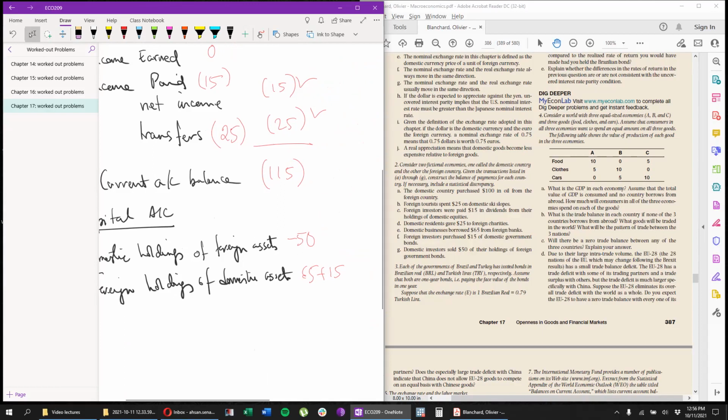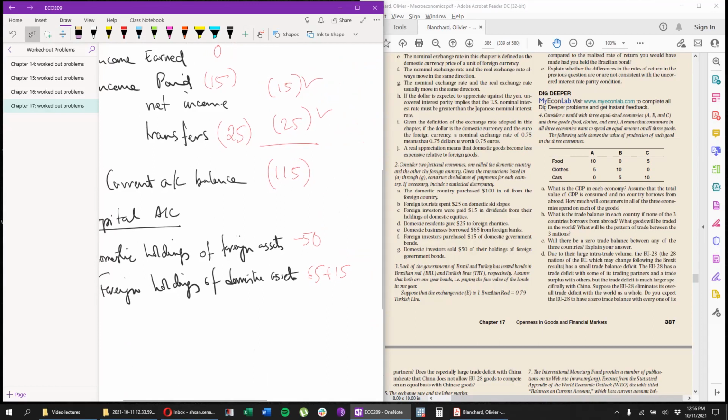Let's come to the capital account. This is minus 50. Let's put it in brackets, minus 50. And this is effectively minus 80. So when we add it up, we have minus 130. But what are we missing? We are missing statistical discrepancy, right?